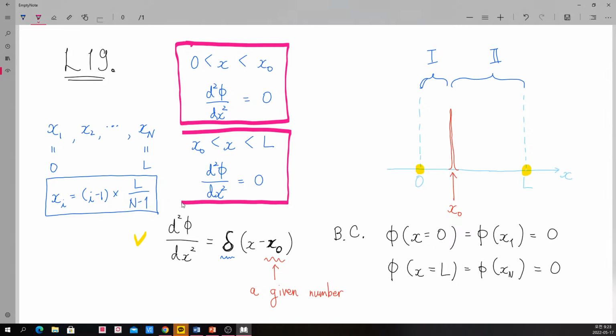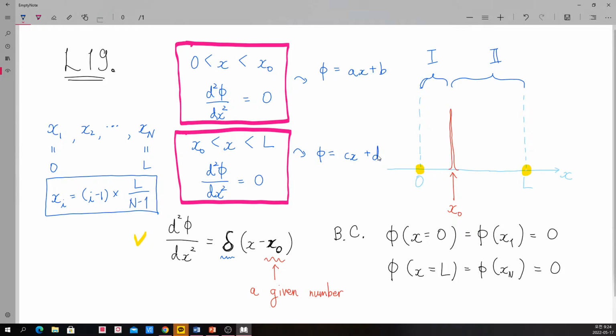Yes, so from these two equations, now you can solve them individually. From this one, you understand that phi should be of the form ax plus b. And this one says phi should be cx plus d.